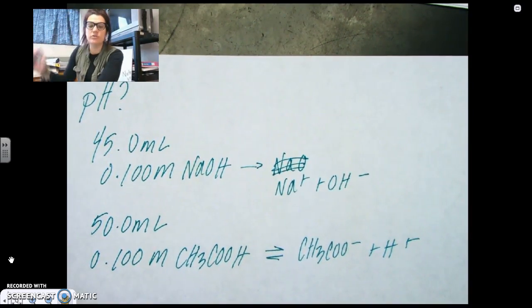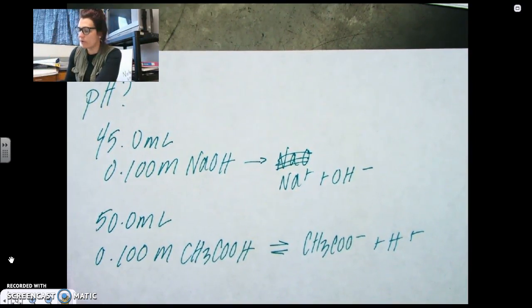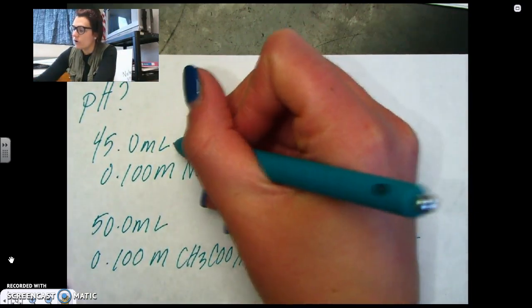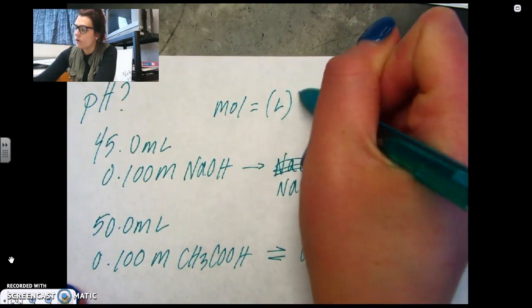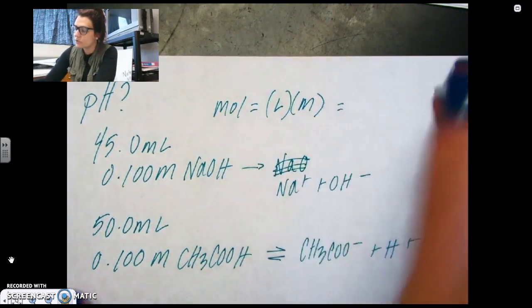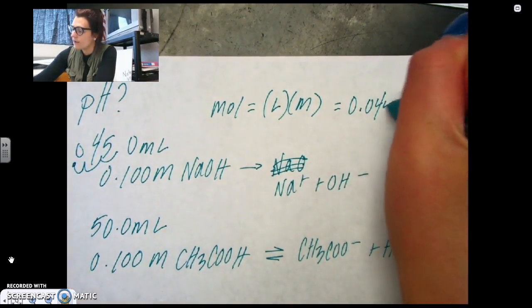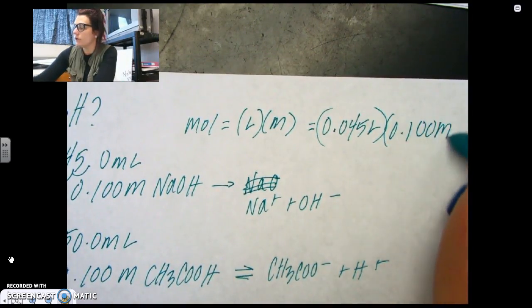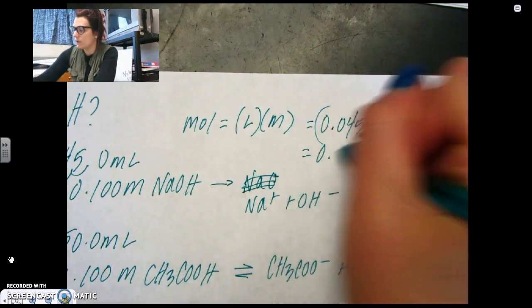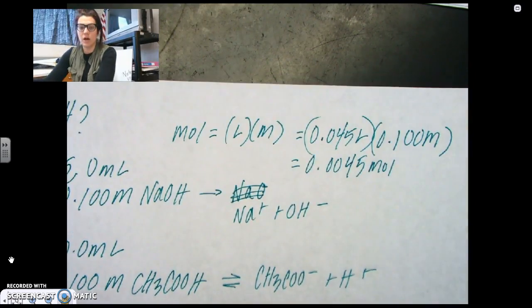So the first thing we need to do is figure out how many moles of acetic acid we have and how many moles of sodium hydroxide we have. When you're given volume and molarity, you can solve for moles: moles is equal to volume times molarity. So I'm going to do 0.045 liters times 0.100 molar, which is 0.0045 moles of sodium hydroxide.